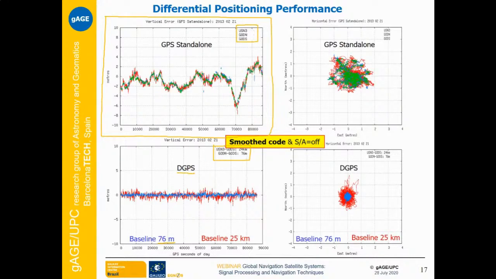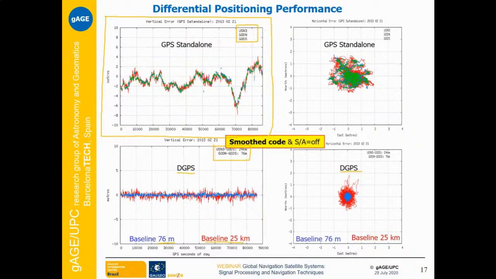On the other hand, we can see that the longer baseline, the baseline of 25 kilometers, is also working well, but the mitigation is not that high. We can see it both in the vertical and also in the horizontal positioning error.